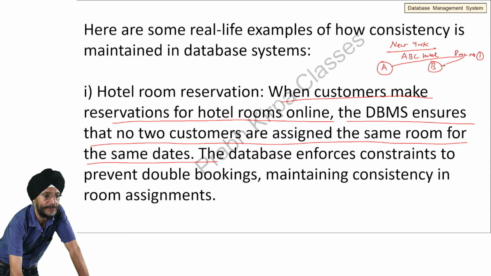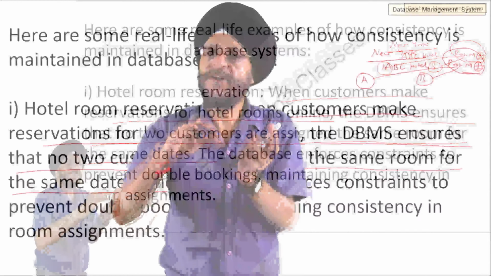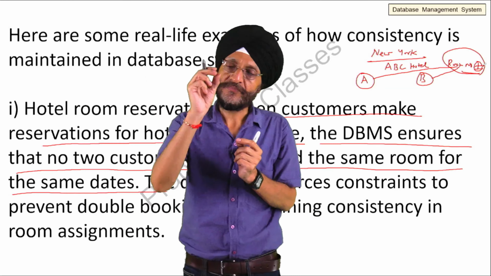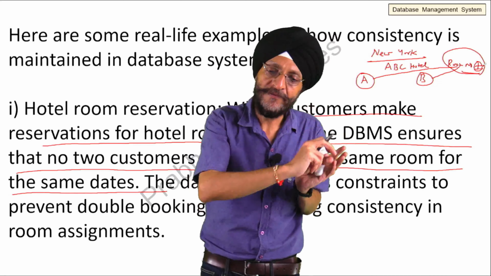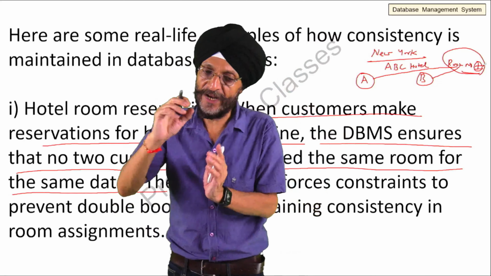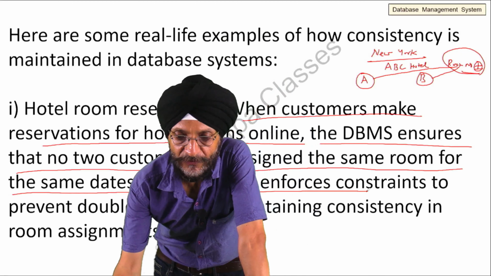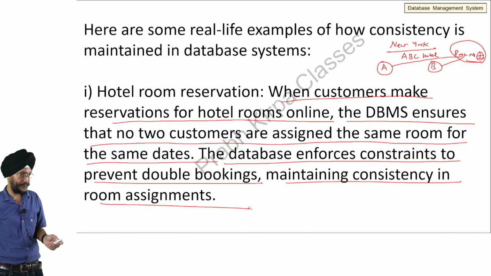That is, both the customers want to book a room for the same date. Irrespective, we can say that room number 1 is not selected. They want to book any deluxe room. So the system will ensure that a particular deluxe room is allotted to only one customer and for a specific date. The database enforces constraints to prevent double bookings, maintaining consistency in room assignments.